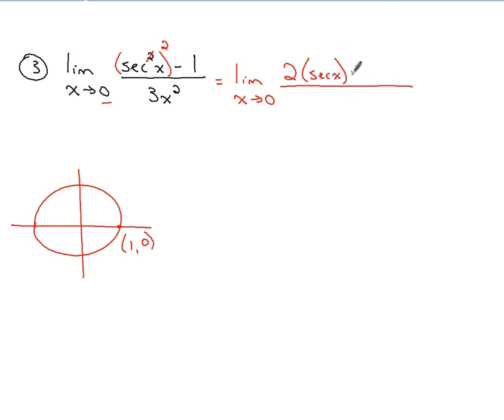But you have to tack on the derivative of secant of x, which is secant of x tangent of x. That completes the derivative for this part. The minus 1 part goes to 0. Denominator, a lot easier to take the derivative of. That's just 6x.